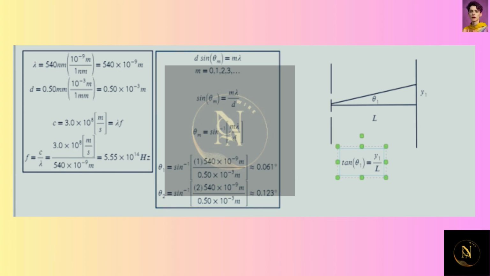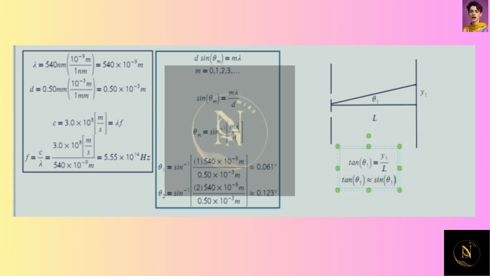However, for the first bright fringe, the angle is small, very small, so we can use small angle approximations. So for small angles now, we can approximate tangent of theta 1 as approximately equal to sine of theta 1. From this equation here, sine of theta 1 is just going to be lambda over d, right?